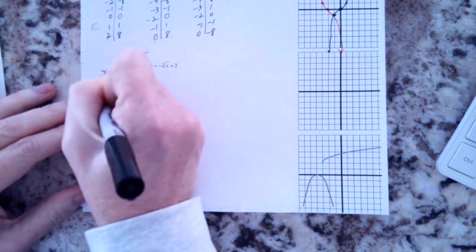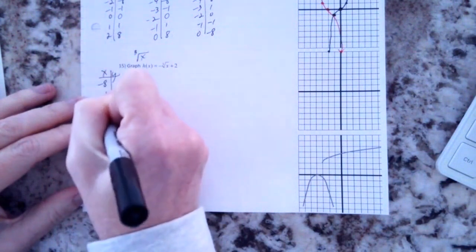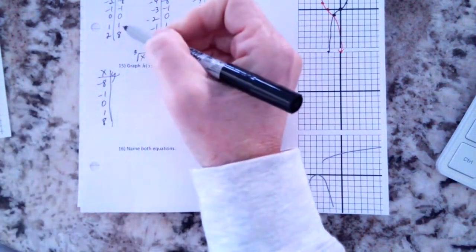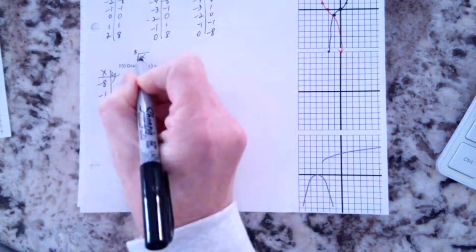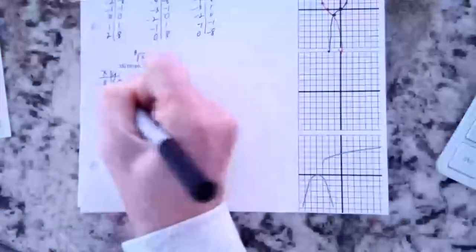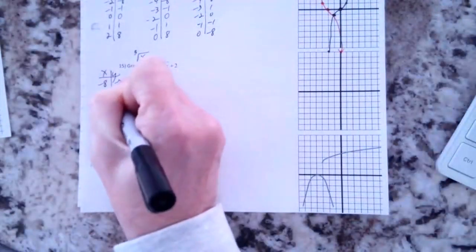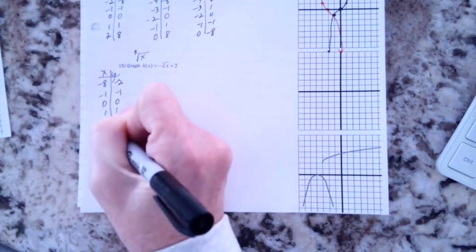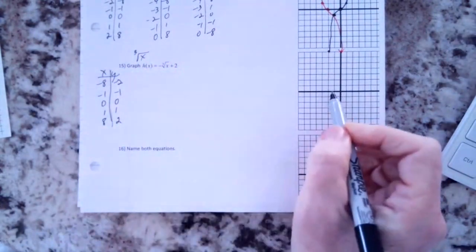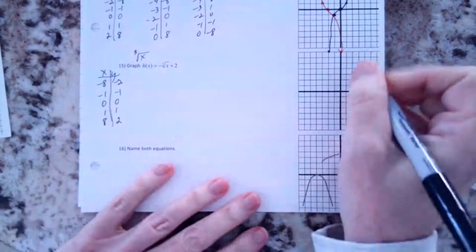So -8, -1, 0, 1, and 8. They are the y column from the previous one. So the cube root of -8 is a -2. The cube root of -1 is -1. The cube root of 0, the cube root of 1, and the cube root of 8. So those are the numbers that create the graph that is the snake in the grass.